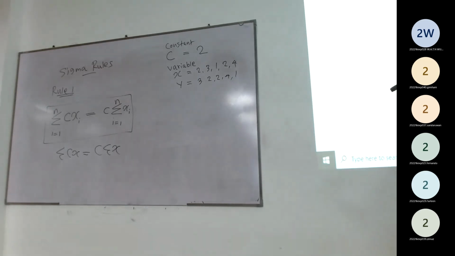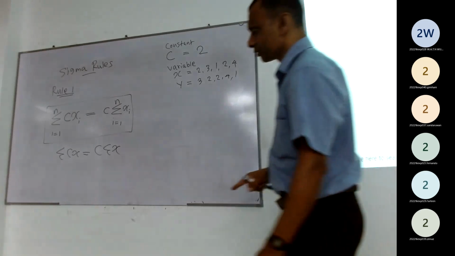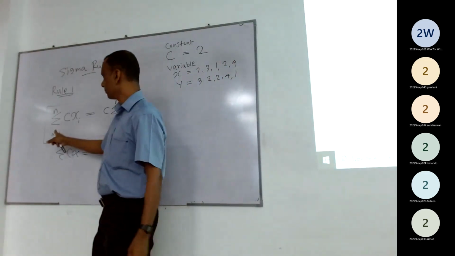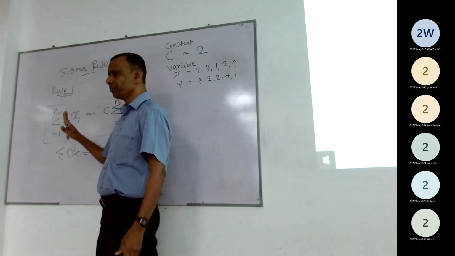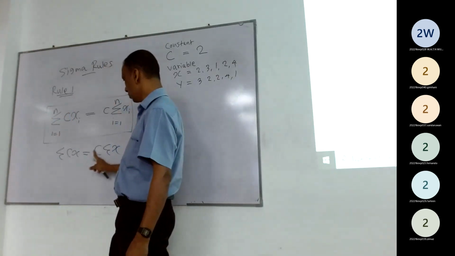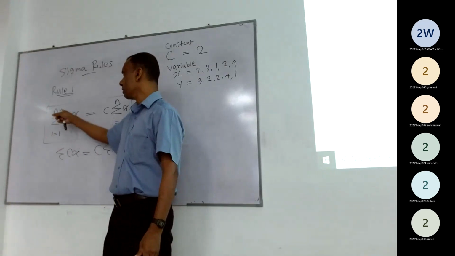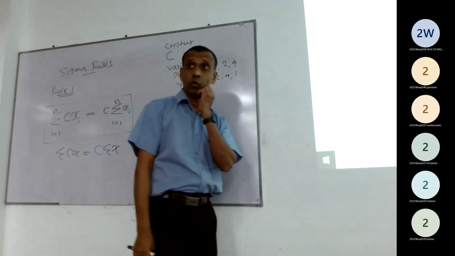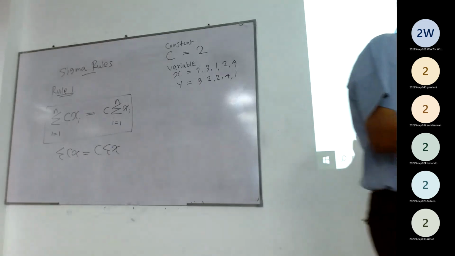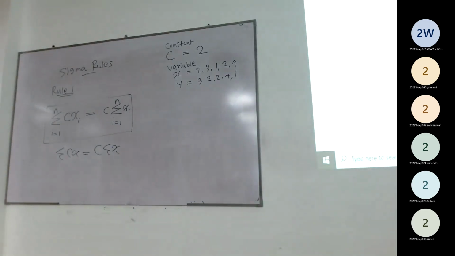But in wording, if you are unable to understand from this, you can understand from this. Therefore, write down this one. Forget about this i. Sigma Cx equals C sigma x. And sigma i equals 1 to n Cxi equals C sigma i equals 1 to n xi.